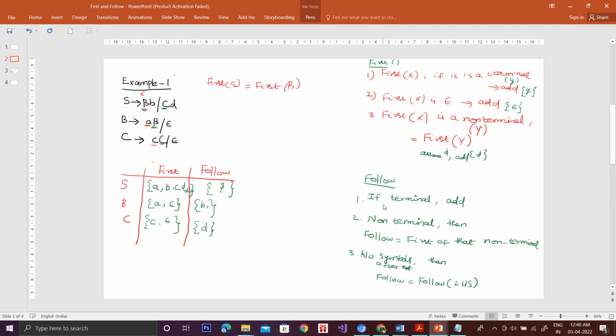Similarly for follow, if it is a terminal, you can simply add it, and if it is a non-terminal, then follow is equal to first of that non-terminal, and if there is no symbol after that non-terminal, then follow is equal to follow of the LHS. Okay, thank you.